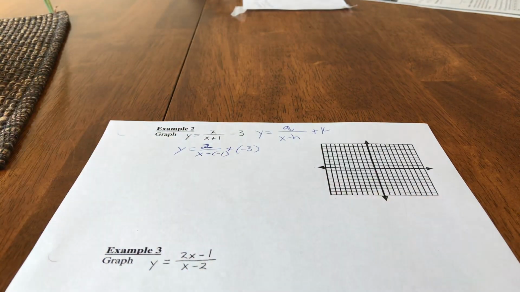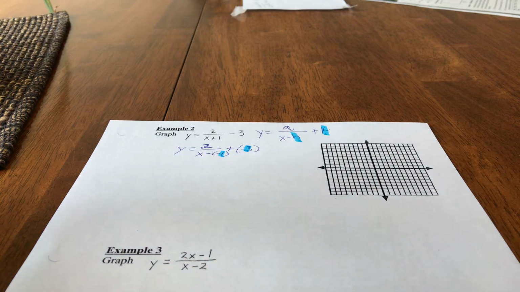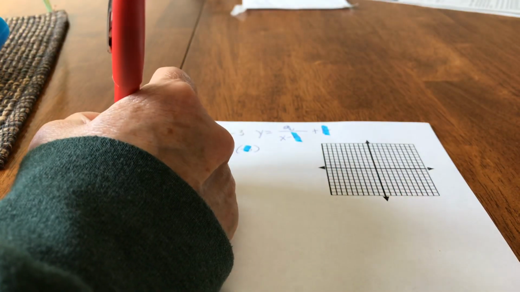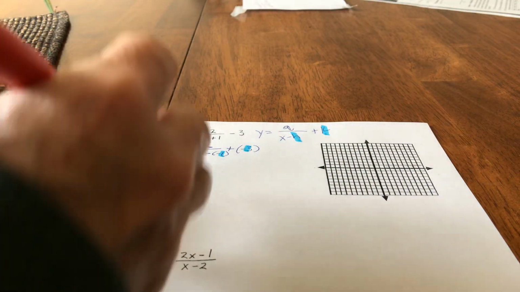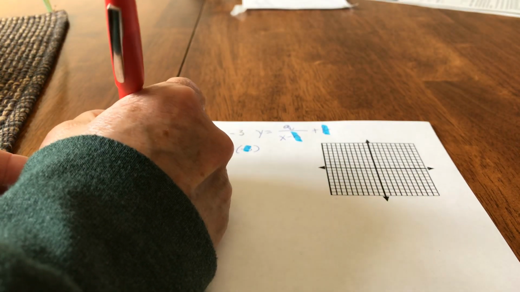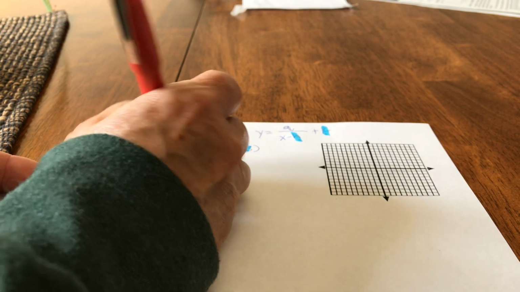And then I need an addition sign here, so I could say plus negative 3, right? So that point, my center point, H, K, H, K. Step 1, find H, K. It's going to be a negative 1, negative 3.